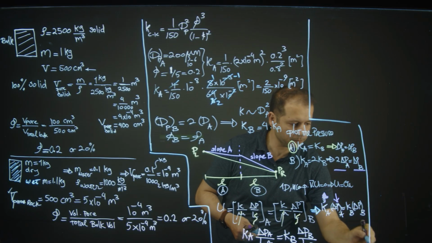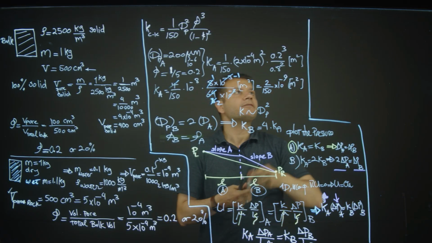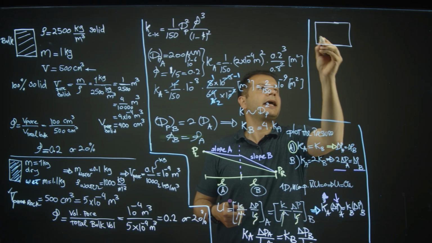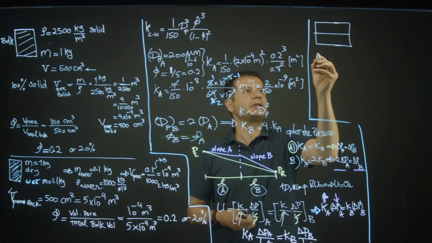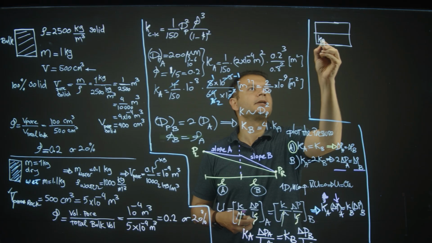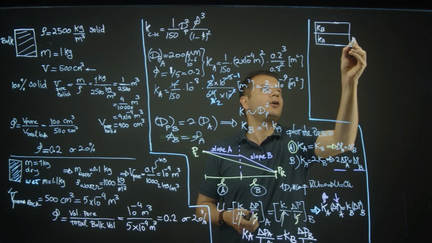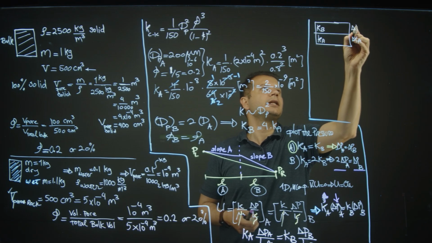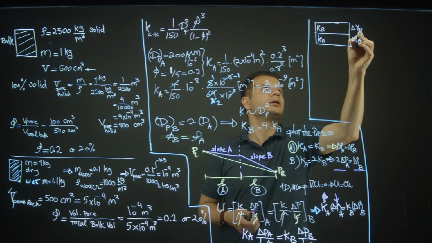So, imagine I have a parallel domain like this, and there are two sections for simplicity. This is Ka, this is Kb, and that is delta Ya, the thickness of A, and this is delta Yb.